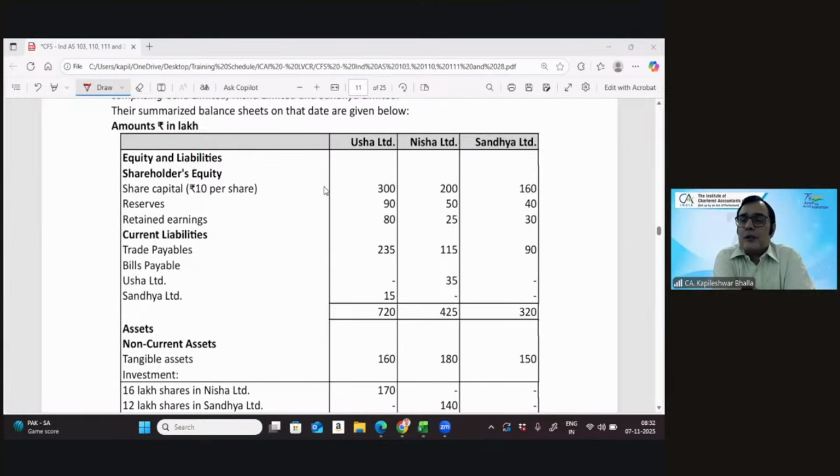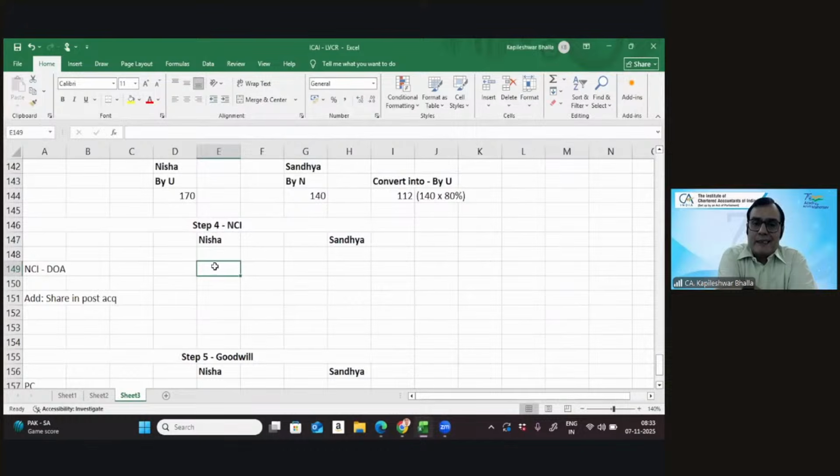That's right, 40%. 60% belongs to the parent, so we can say 40% is the effective percentage of the NCI. Good. So let's go back. We can say the NCI out here is 200 into 20%.